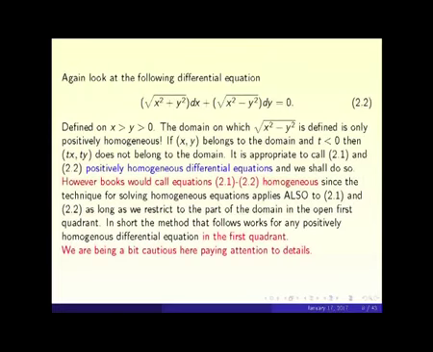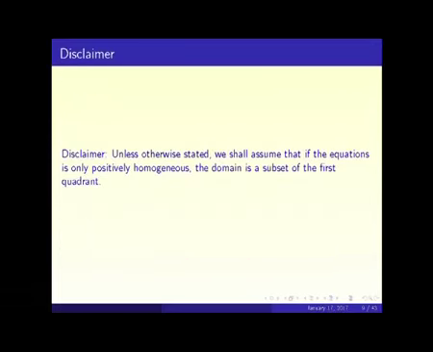We have been a little cautious, paying attention to details. Just a disclaimer, just to keep things simple, we shall assume, unless otherwise stated, that if the differential equation is only positively homogeneous, then the domain is either the first quadrant or a positively homogeneous subset of the first quadrant.